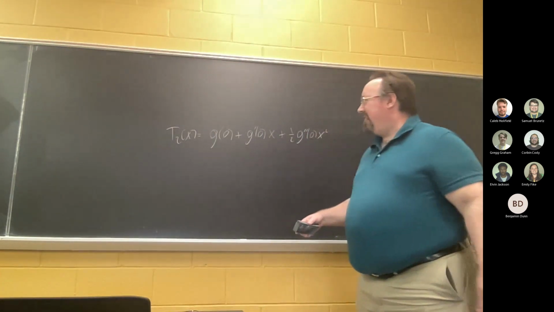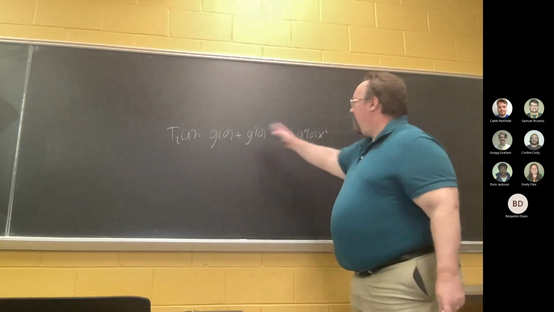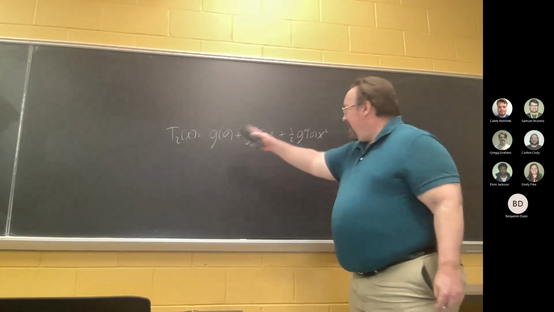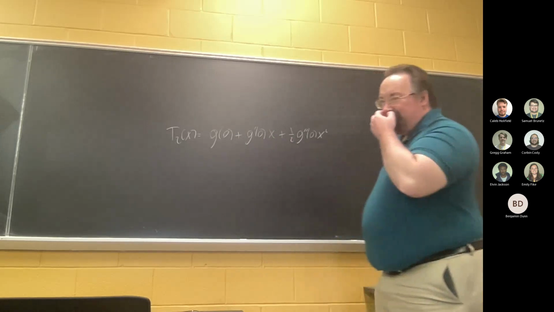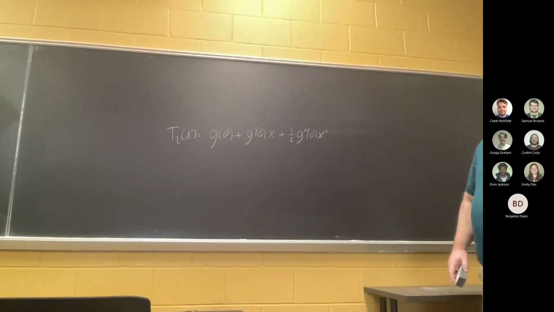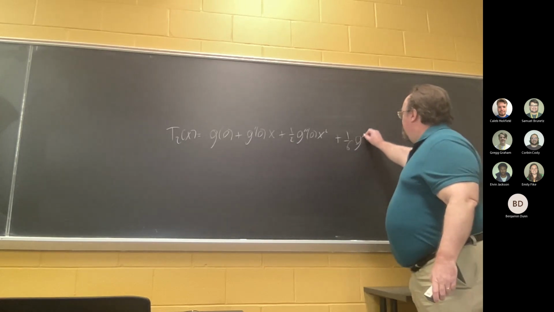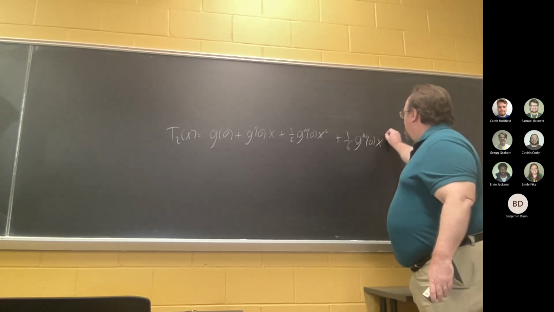In case it's relevant to anyone else, Taylor's theorem for polynomial degree 2 for a given function g of x, if it's centered at 0, then this is what you would fill in. And then T3 would be the next term, with x cubed.